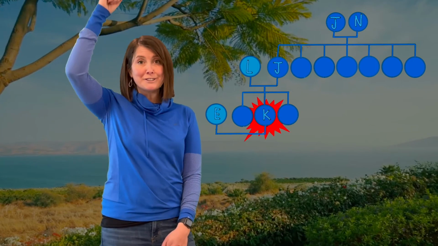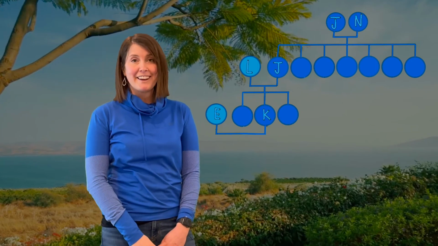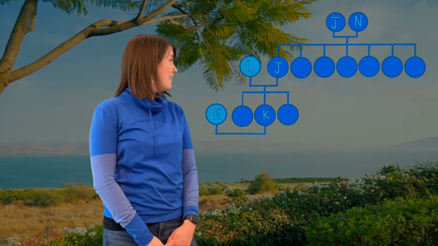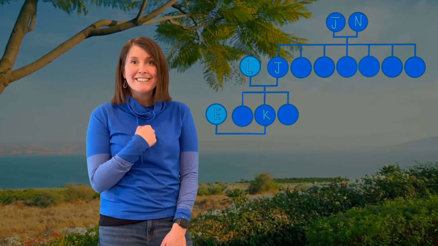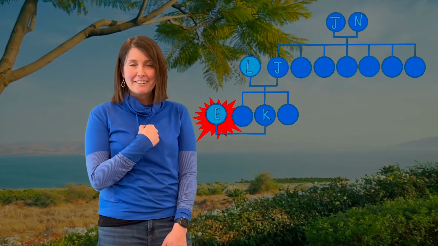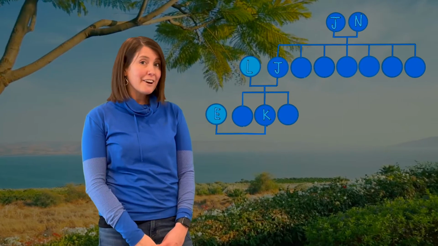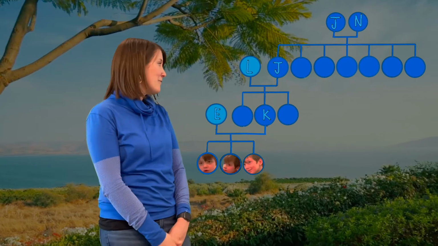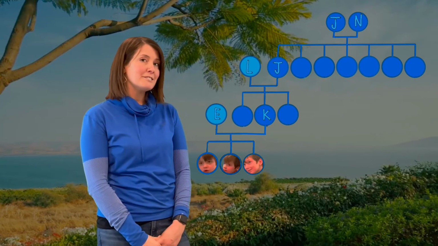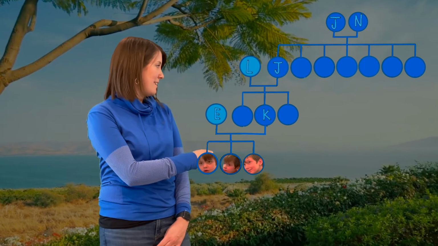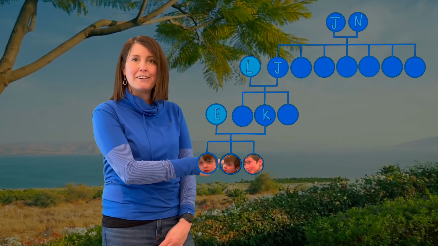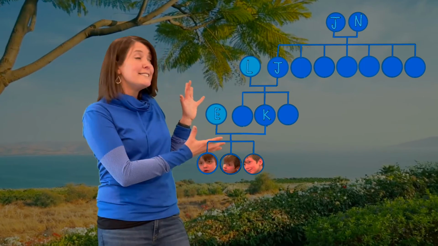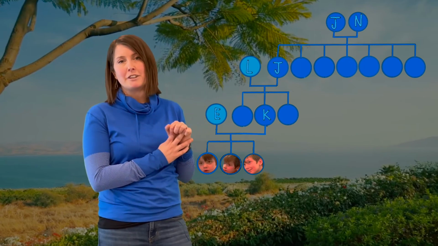I have an older sister and a younger sister. And then I married Mr. Eric. And me and Mr. Eric have how many kids? 3 kids, that's right. We have 3 boys. Willem, Ben, and Jasper.